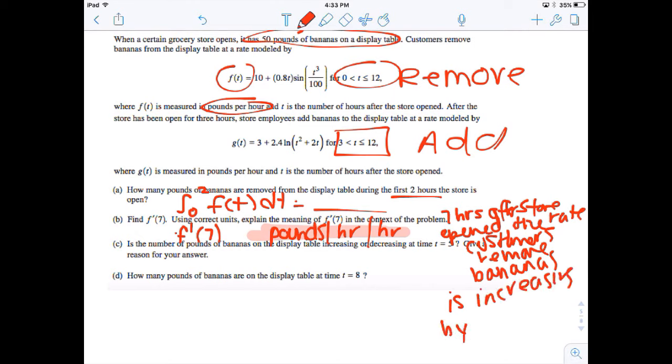So it can help to think about pounds per hour is the unit of f prime, and it's doing that each hour. Okay.